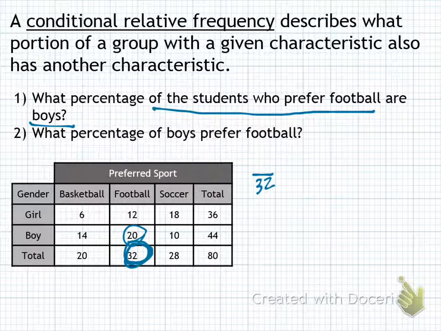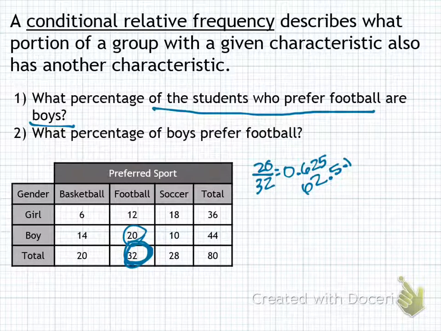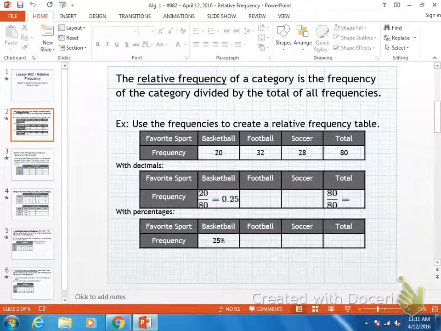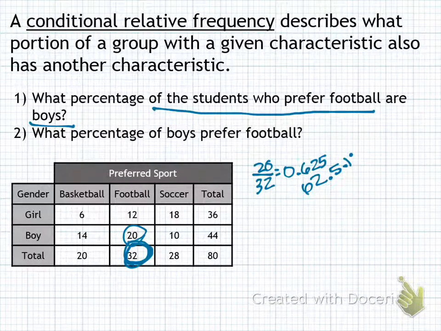So I would do 20 over 32. That gives me 0.625 or 62.5%. Oh, sorry about that.